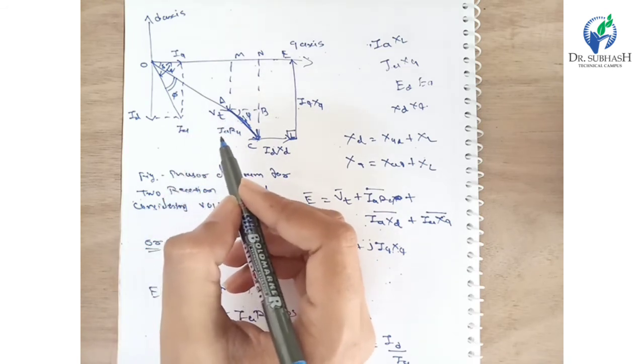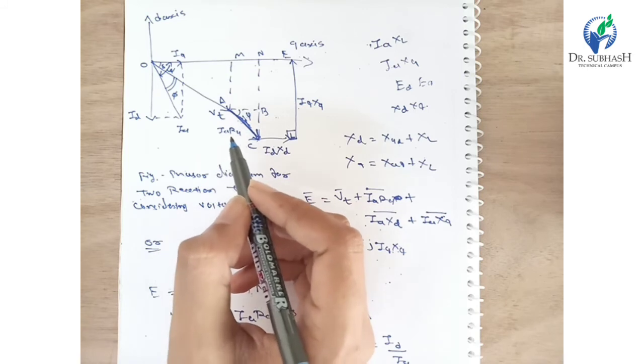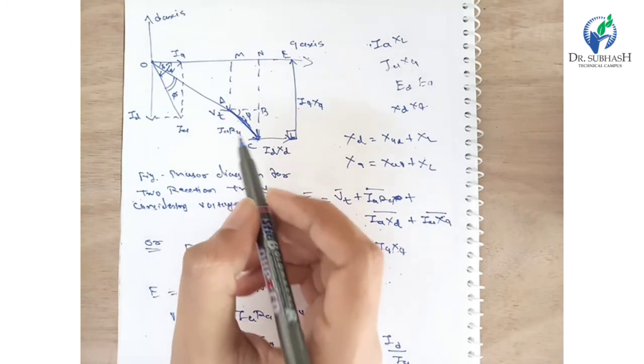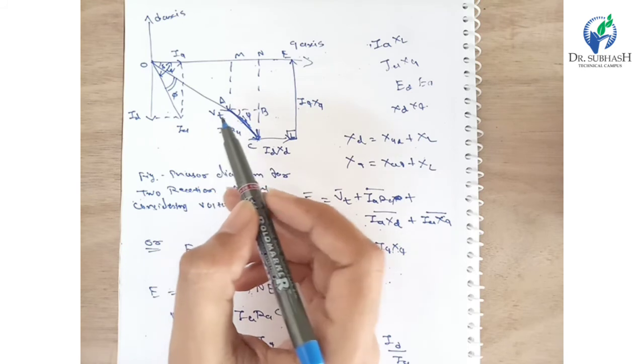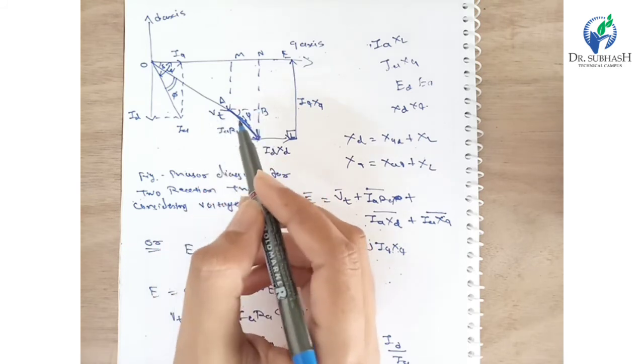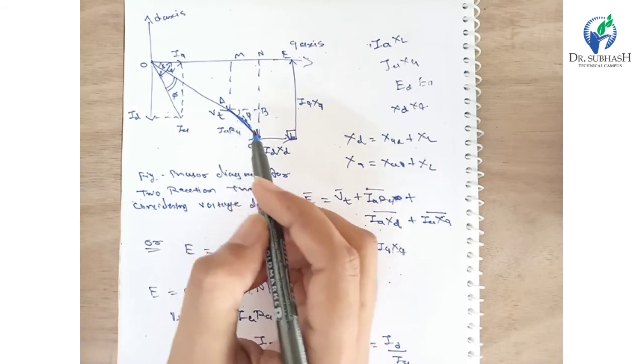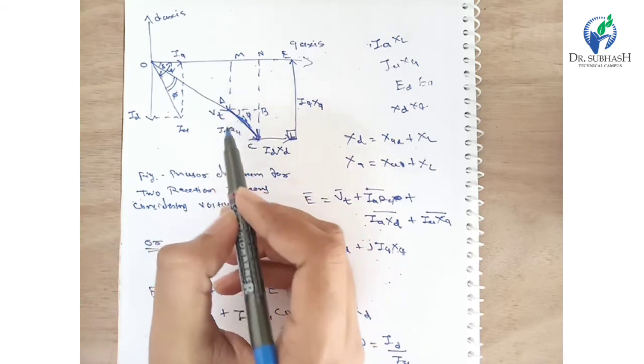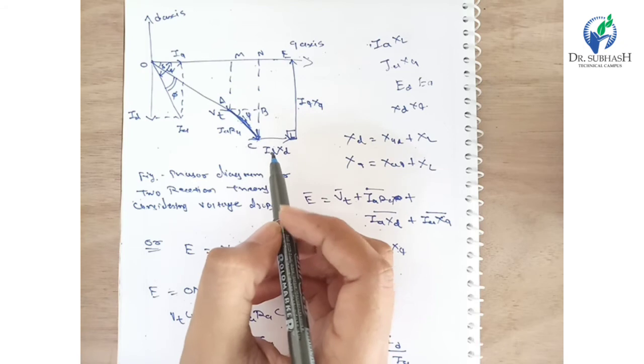The armature current in the d-axis and armature reaction for the drop of reactance purpose, this drop has to be shown lagging the current of the d-axis by 90 degrees. So it is drawn at the tip of the Ia into Id Xd form.